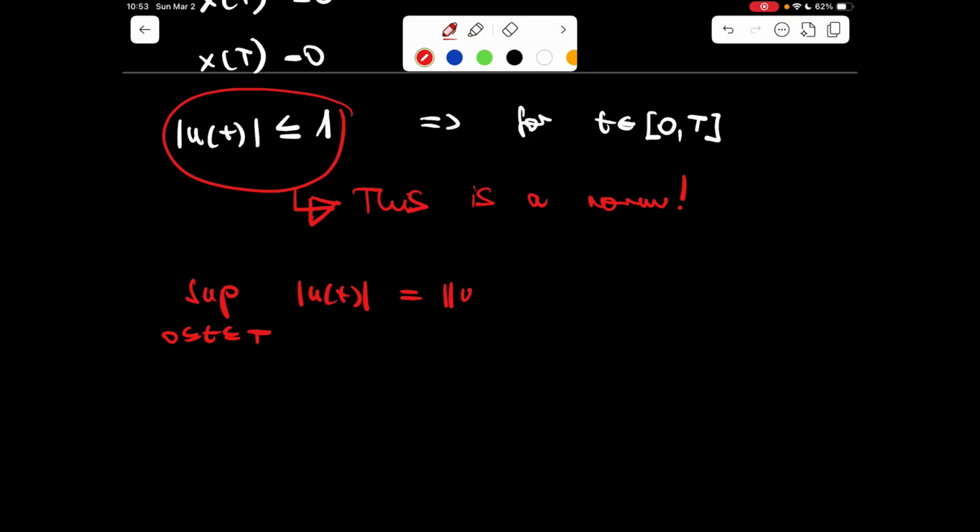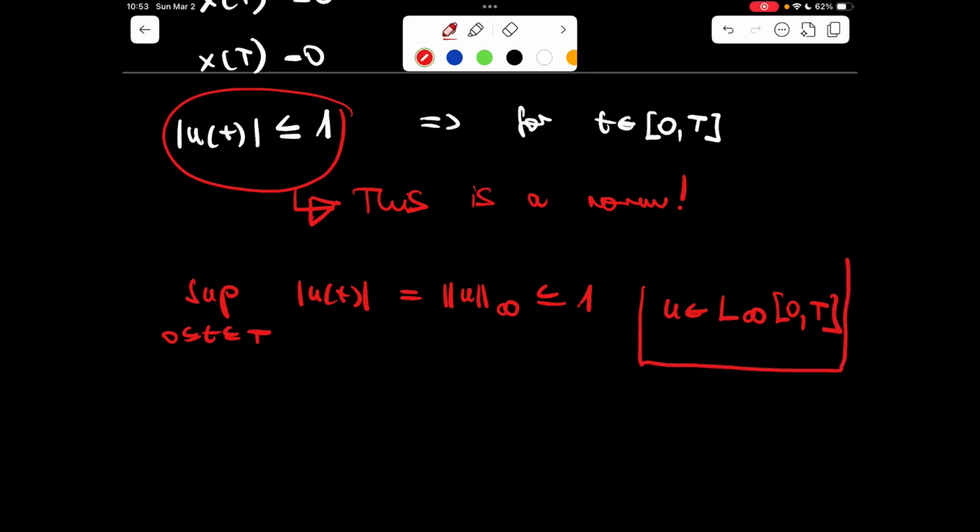So this unknown function u is in this function space, because we realized that the norm we use belongs to this function space.